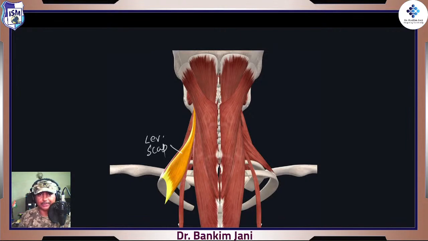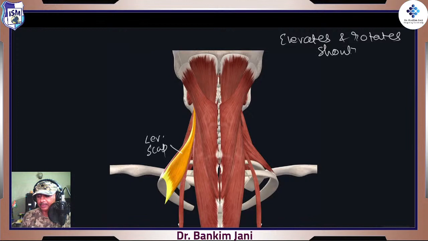So regarding the levator scapulae muscle, its importance is like the name itself is telling: levator scapulae. So it elevates. It elevates and rotates. Its final action is at the shoulder, right? Also, it is a back muscle.